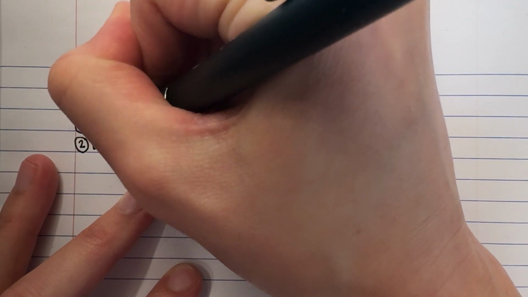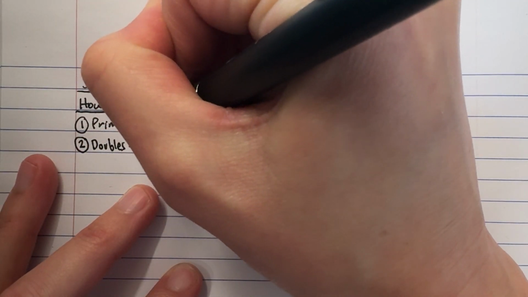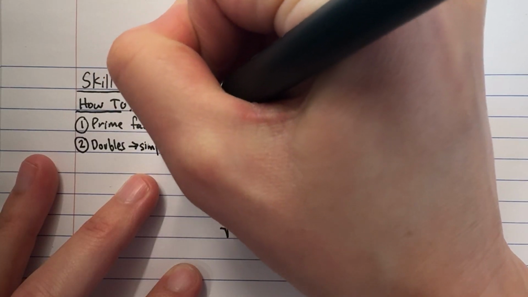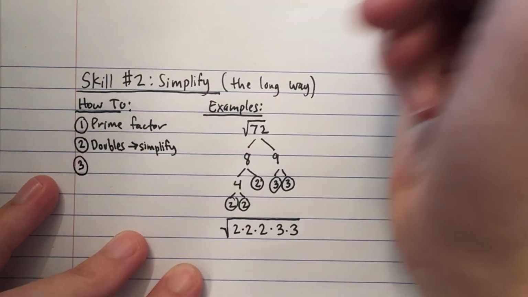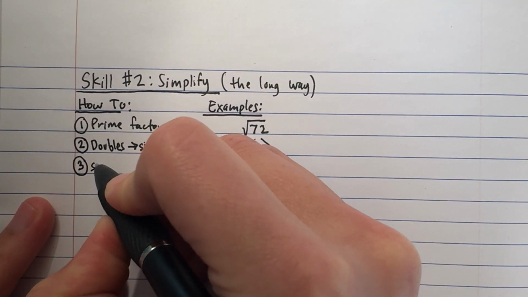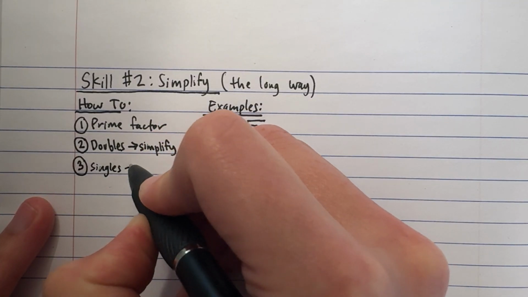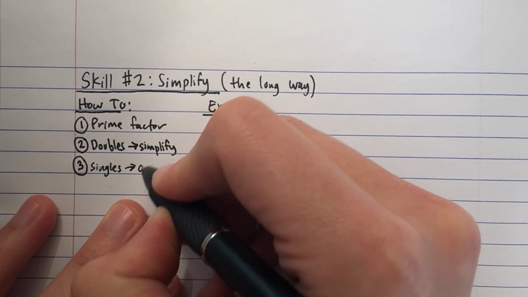Now, what's going to happen is that the numbers that are doubles are going to simplify. You'll see why. And the singles, the numbers that are not doubles, won't simplify.